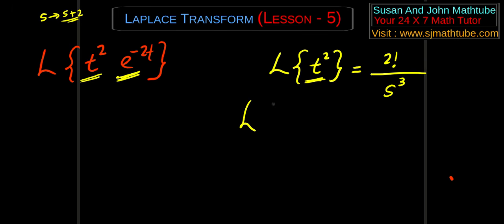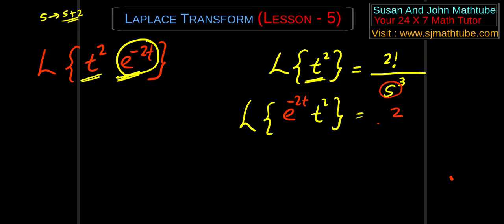I am going to write Laplace of the same function, but multiplied by e to the power minus 2t. A into b and b into a is the same. So I found the Laplace of t square, and I have a property where I can multiply the same function by e power minus 2t. So what will be the answer? 2 factorial is 2 by s plus 2 the whole cube. I hope you understood that.